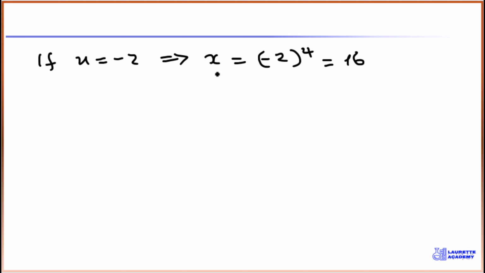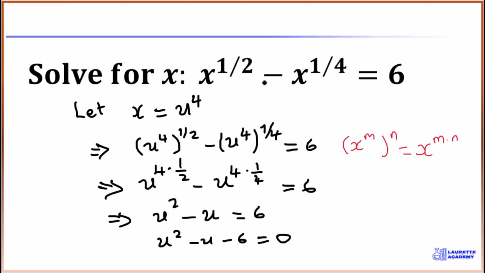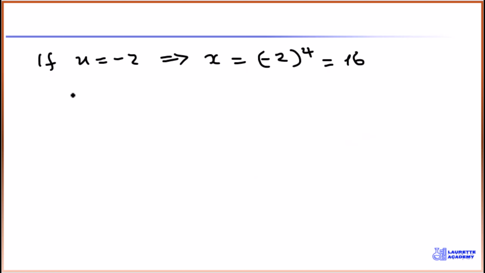Now we need to test these two values of x to see that they hold in this equation. So we had originally that x to the power half minus x to the power 1/4 is equal to 6.